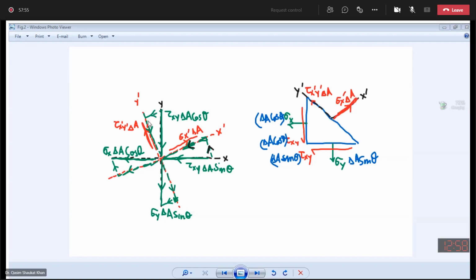So now let's resolve these forces into their components. So first of all, draw x and y axis, regular x and regular y axis. Just draw regular x and regular y axis.